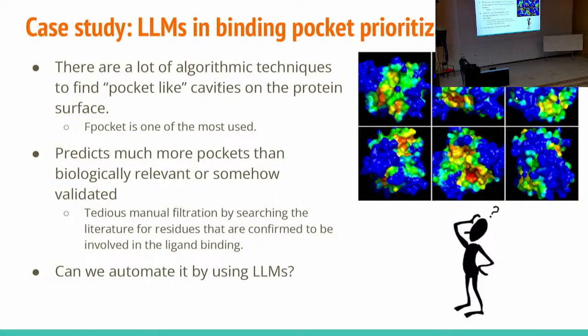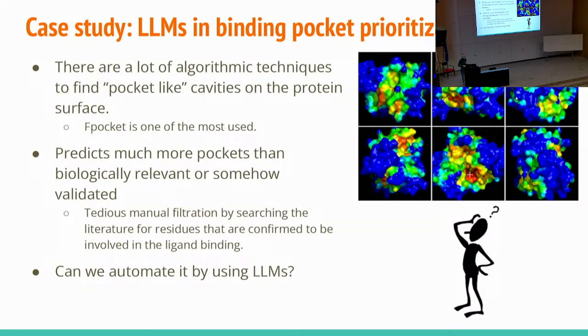So the problem is that if you don't know where your compound binds, you can find pocket-like cavities on the protein surface, which are visualized here. After that, you should somehow select which of these cavities are real binding pockets and do the virtual screening against these. There are a lot of algorithmic techniques for doing this, like tens of them.